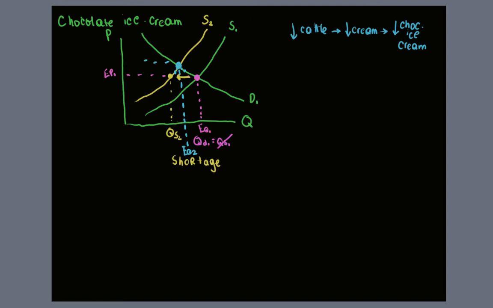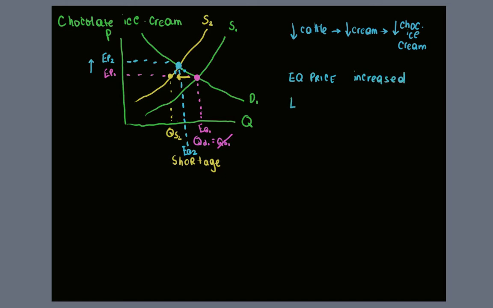And so let's look at what happened to our equilibrium price and quantity. Our equilibrium price increased. Our equilibrium quantity decreased.